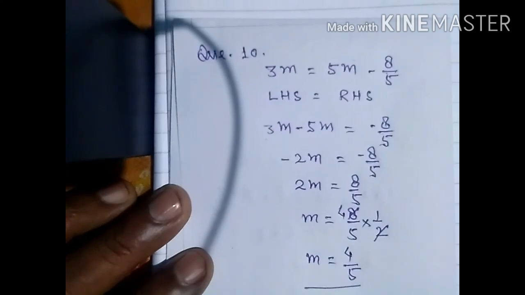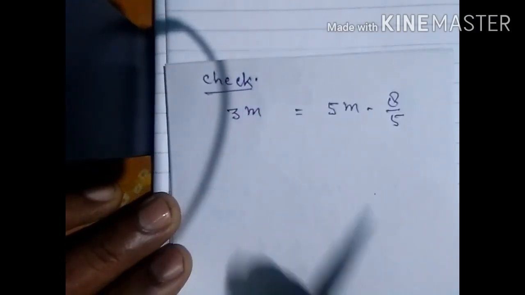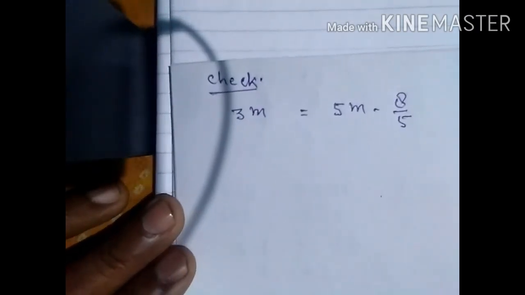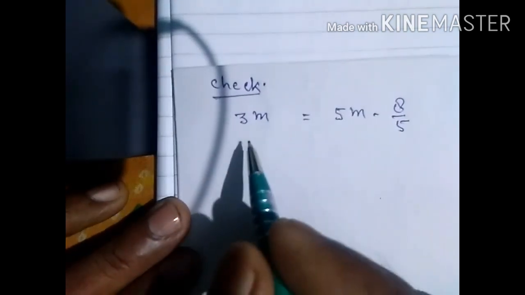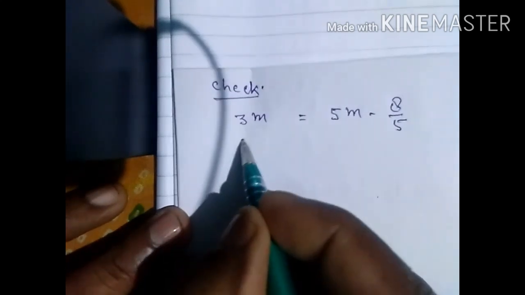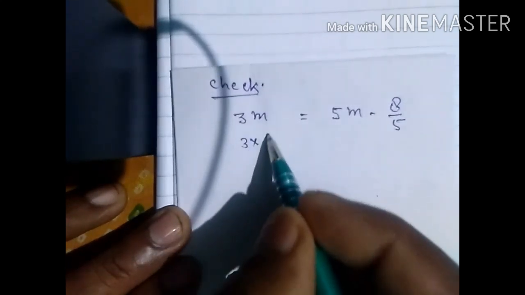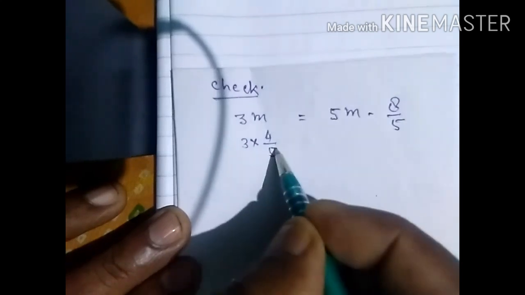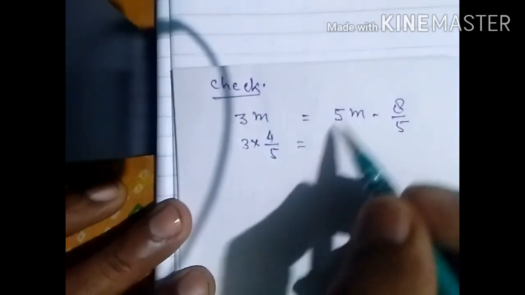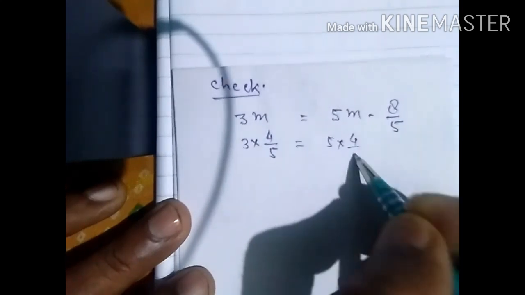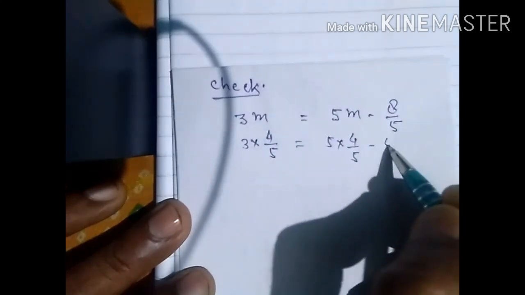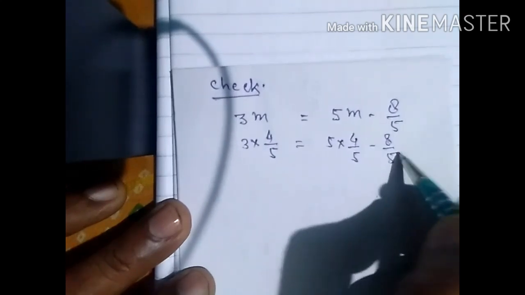Now we have to check whether our solution is correct or not. So students, we have to put the value of m in the given equation. This one 3m, so it will be 3 into 4 by 5 is equal to 5m, it will be 5 into 4 by 5 minus 8 by 5.